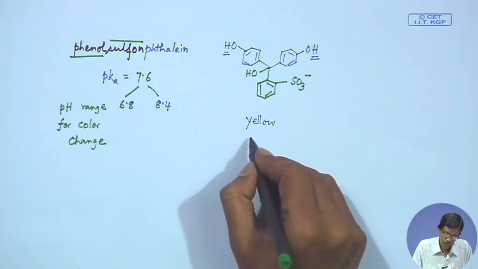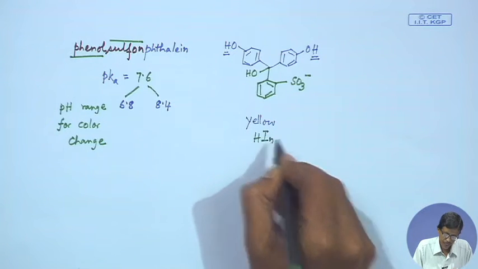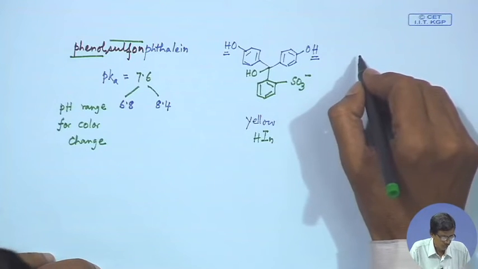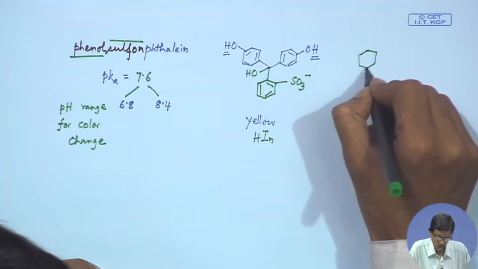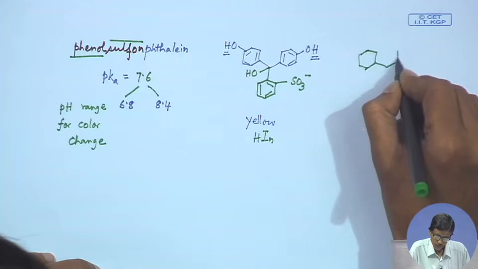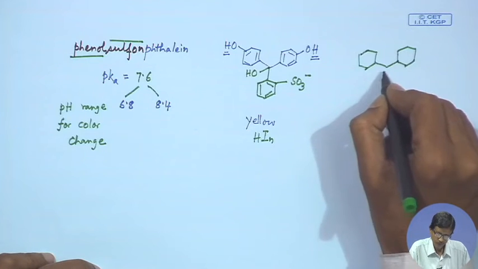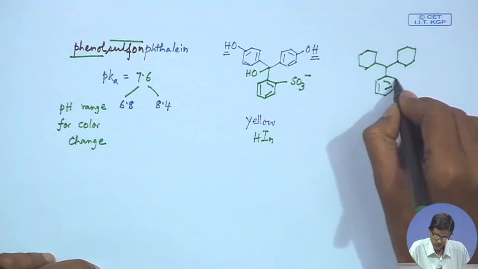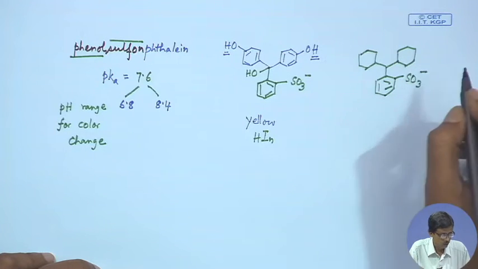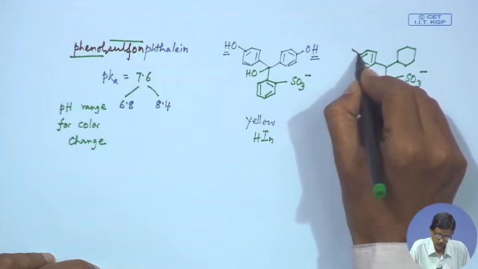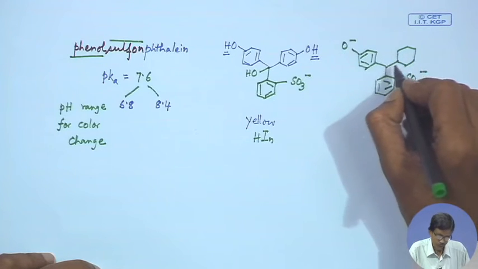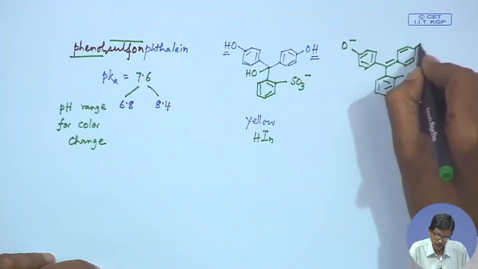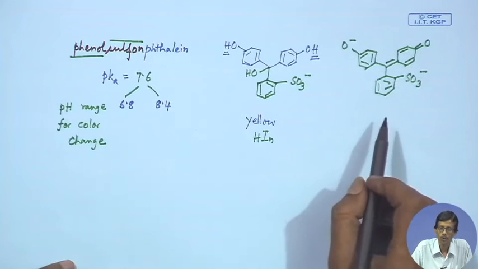This yellow color is for HIn, and through deprotonation it can go to the other, colored form. The SO3 minus unit is there, and the oxygen remains as O minus, but with the removal of the hydroxide group the phenol goes to a quinone form.